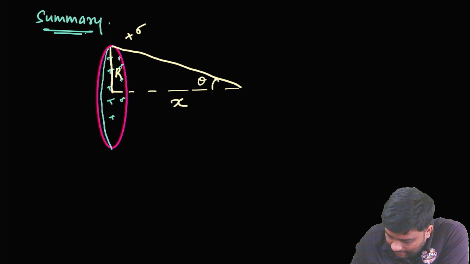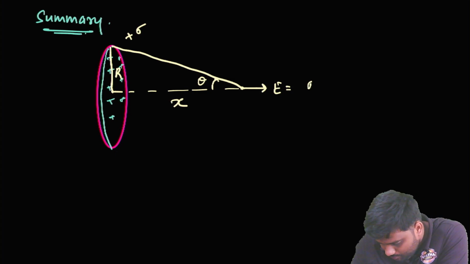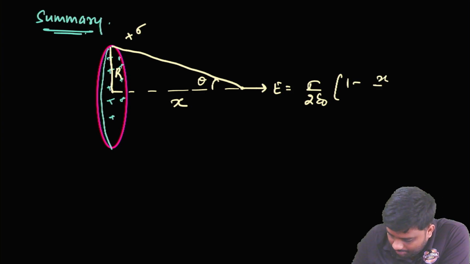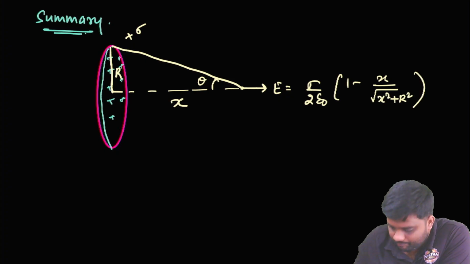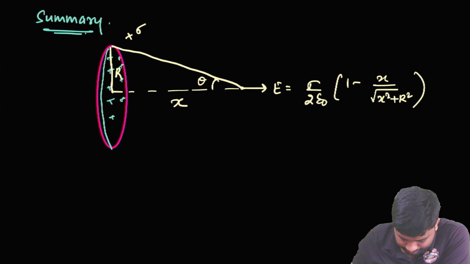Understood? The electric field due to this disk, E, comes out to be sigma by 2 epsilon naught 1 minus x upon under root x square plus r square. This is the electric field.